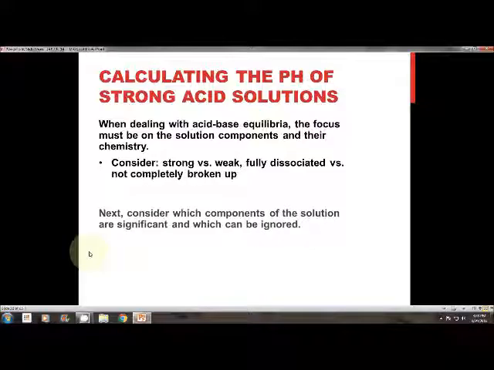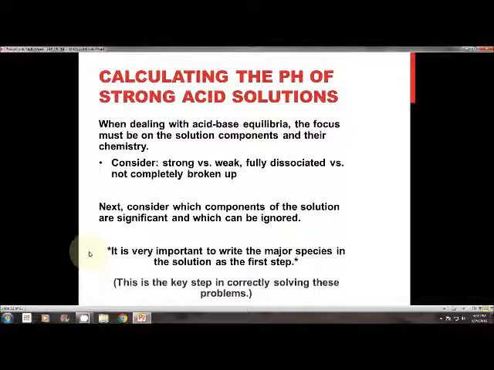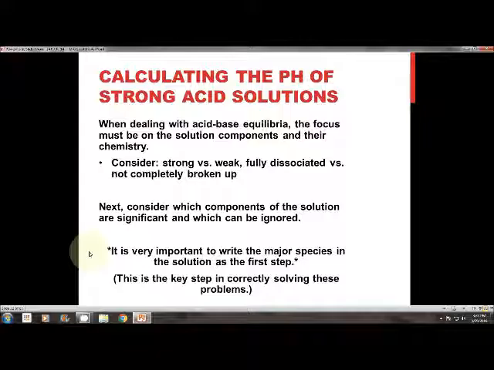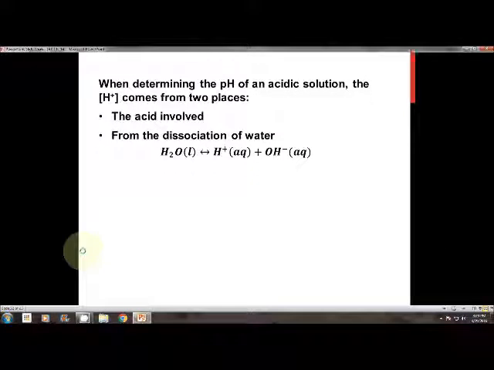It's important to know that it's fully dissociated, so when you're looking at something, make sure that you recognize what's in there, and it's important to write out the major species in the first step so that you can solve these problems correctly. Because sometimes you'll have a mixture or other things where it's not as clear cut.